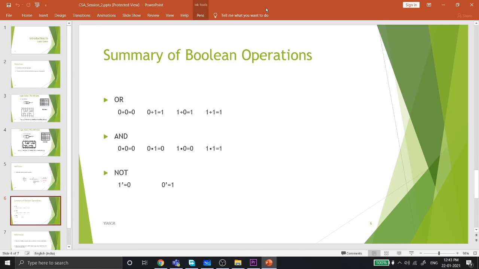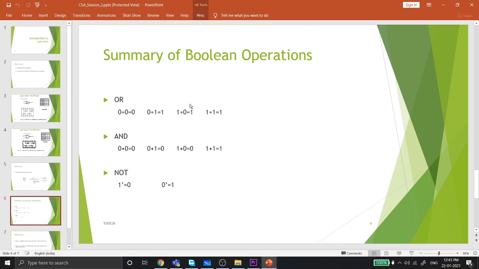And the summary of Boolean expressions. The operations AND, OR and NOT are Boolean expressions. An OR expression is indicated by a plus sign, an AND is indicated by a dot, and a NOT is indicated by either a bar or an apostrophe.